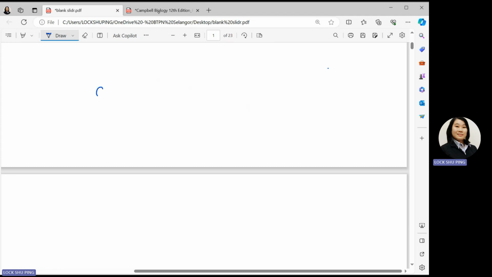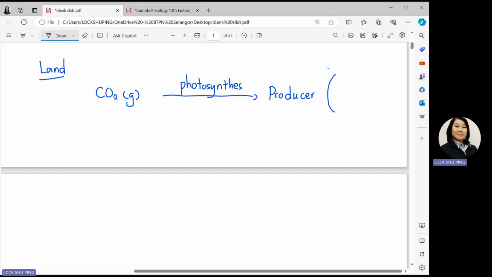So if present on land, during photosynthesis, the producer will take up carbon dioxide, removing it from the atmosphere, and change it into any kind of organic compound, for example glucose or starch.